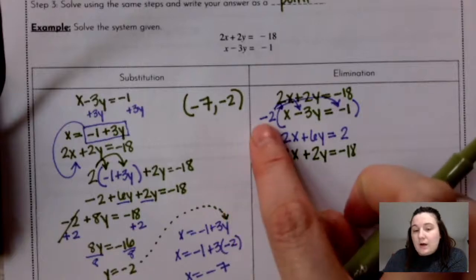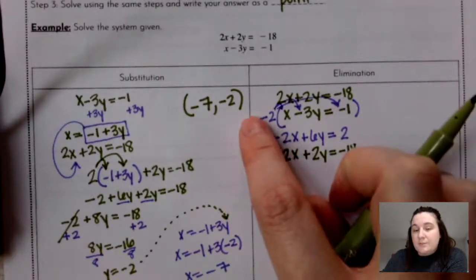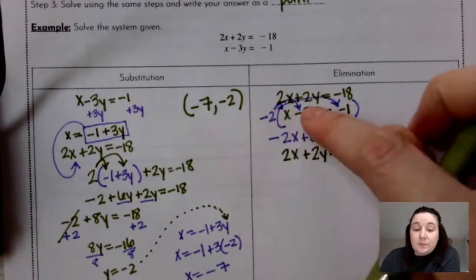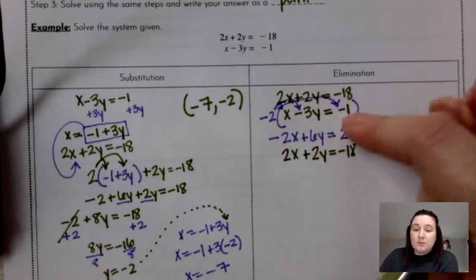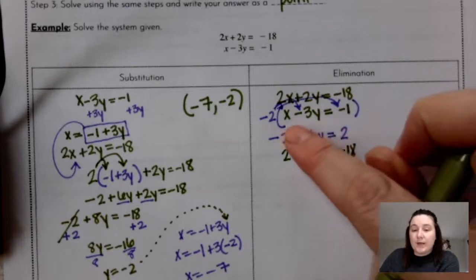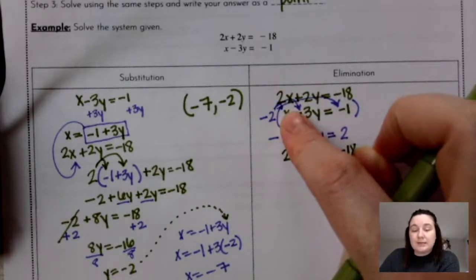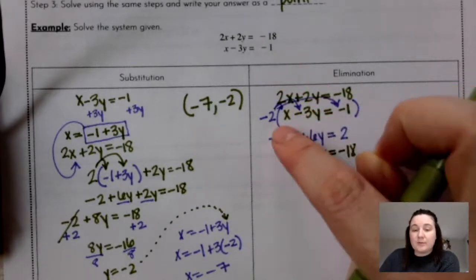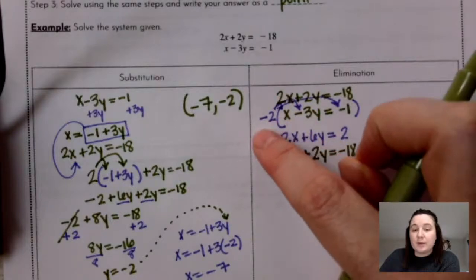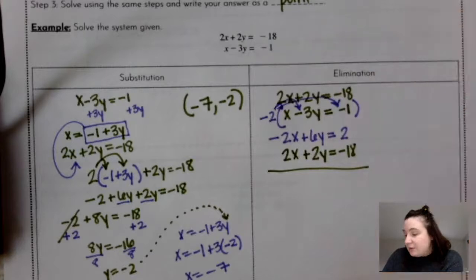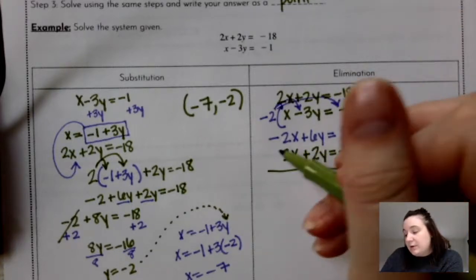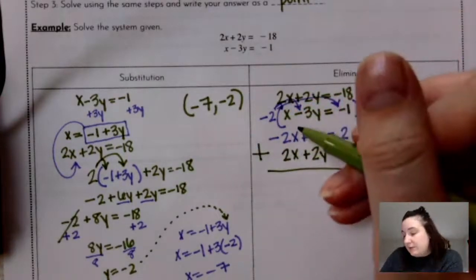So for elimination, the biggest mental piece you have to do is figure out what you need to multiply by so something will go away. And I'll usually look at the x's and see what that is, and then the y's. And remember, we need them to be the same number, but the opposite sign. Once you have it set up, this should be a review of elimination. We add up and down.